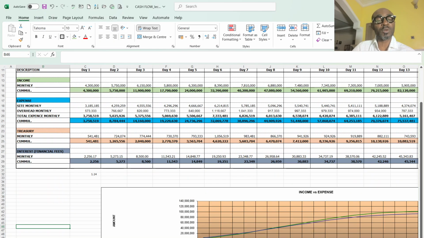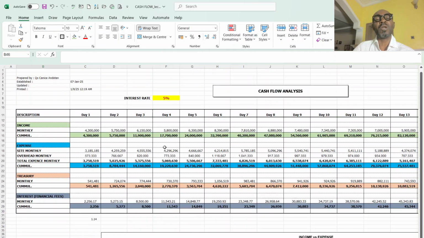So the last document now is me using the two documents, that is the income forecast and the expense forecast, to now prepare my cash flow. What I did in my cash flow is just to marry the income and the expense.